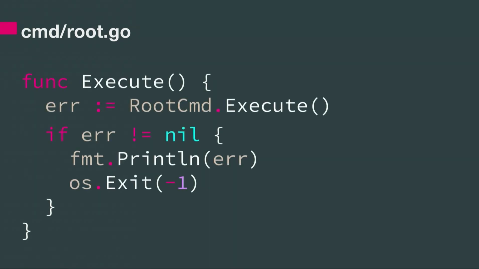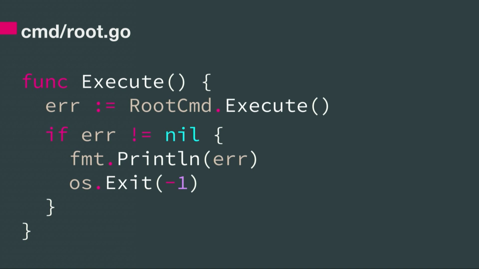All right. Okay, so we're going to look at this. I think there's interesting things in this execute command. This is inside command root. This is what we are calling in our main. Does anyone see anything interesting on this slide?